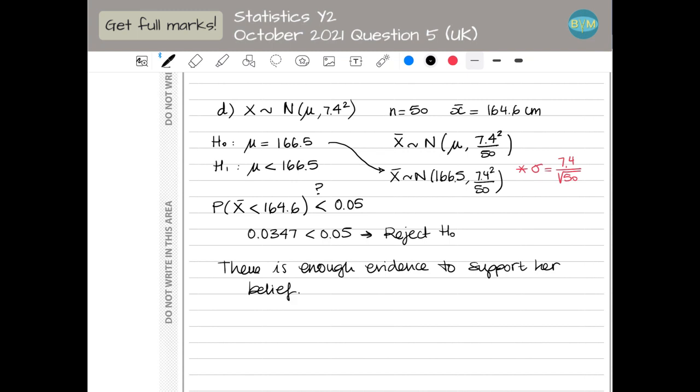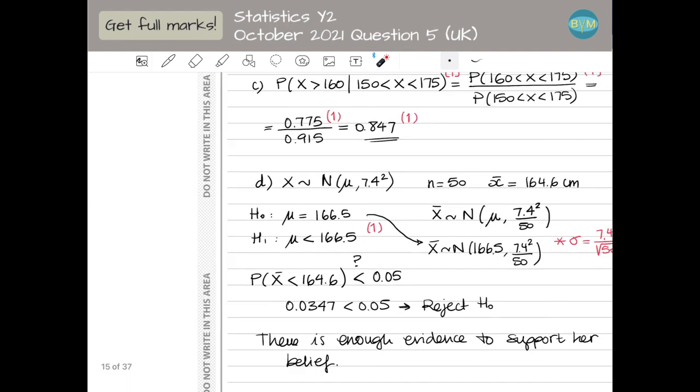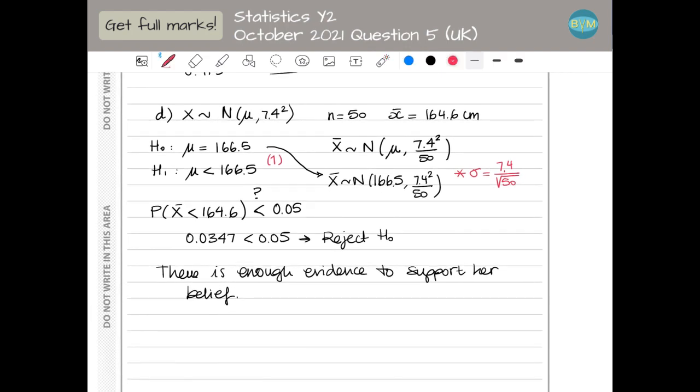So remember, when you do hypothesis testing, always write the hypothesis, because that's 1 mark. They tell you, most of the time they remind you, state your hypothesis clearly. But sometimes they don't, and it is still 1 mark. Then you have another mark for remembering that the mean is distributed this way.